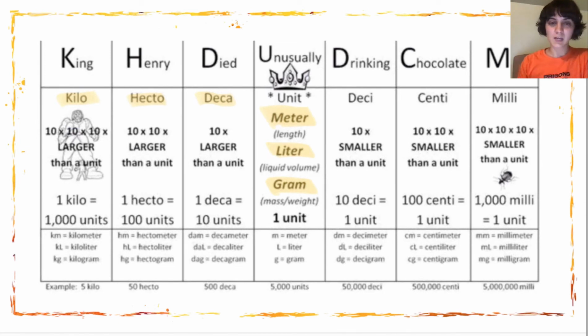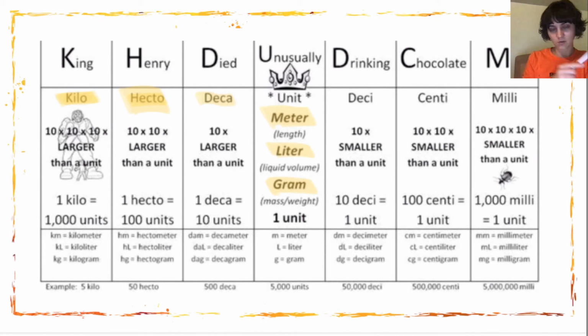So a decameter is 10 times larger than a meter. And then a hectometer is 100 times larger. And then a kilometer is 1,000 times bigger than a meter. And then same thing with liter or grams, okay? So a kilogram is 1,000 times bigger than a gram.